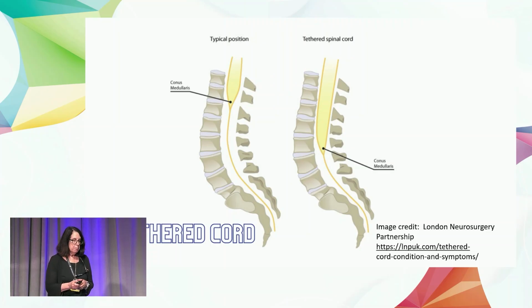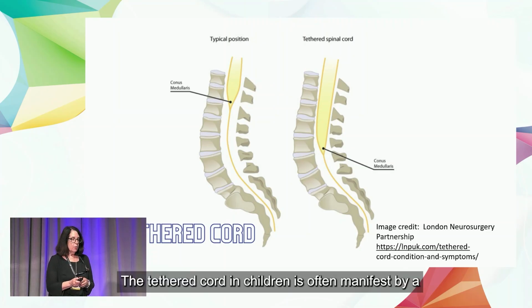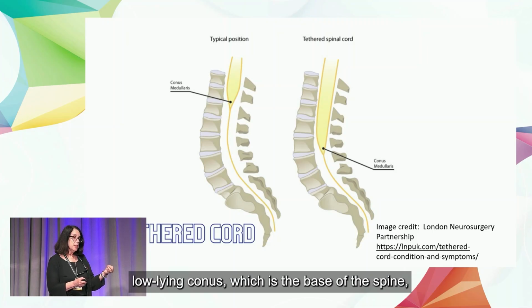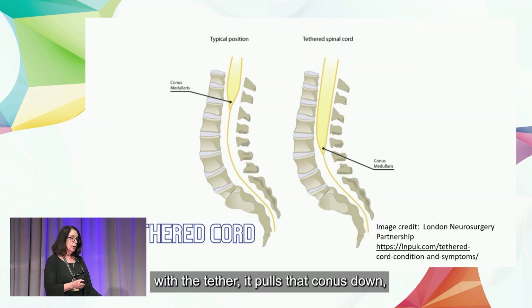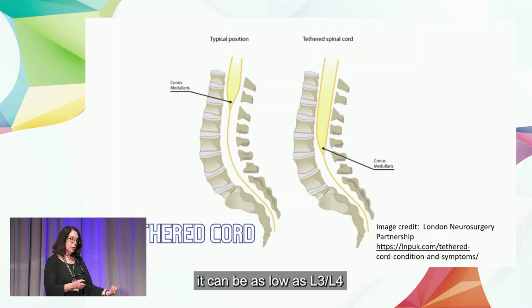The tethered cord in children is often manifest by a low-lying conus, which is the base of the spine. It usually sits around L1, L2, but with the tether, it pulls that conus down. It can be as low as L3, L4, or even L4, L5.